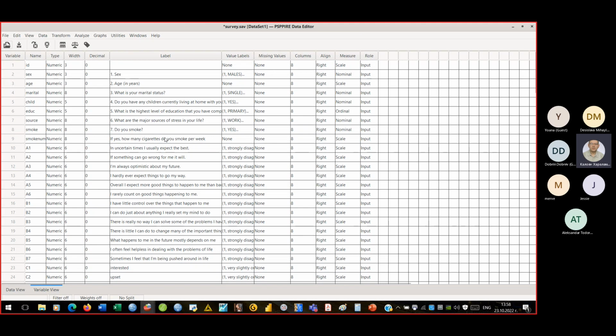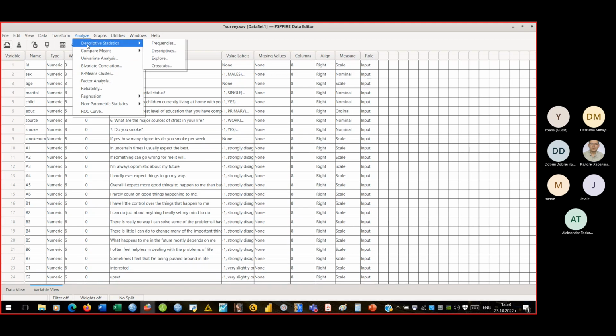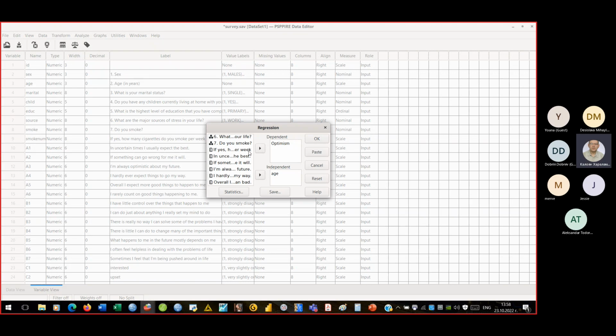So I will add this new additional interval independent variable to the linear model. So I will repeat Analyze, Regression, Linear, and after that we'll move 'if yes, how many cigarettes per week' to the field independent variables.